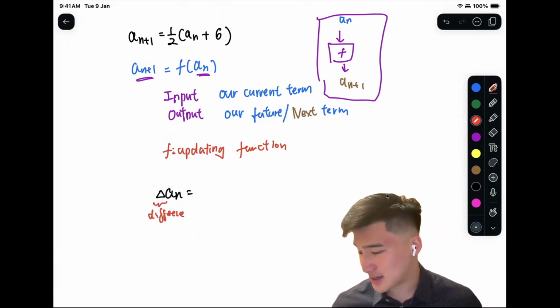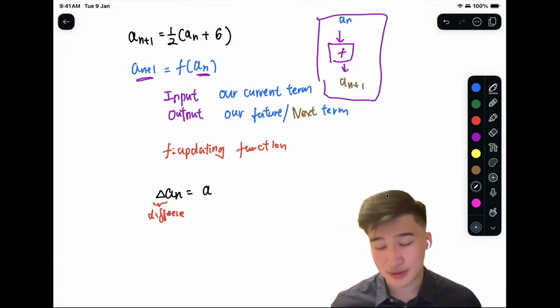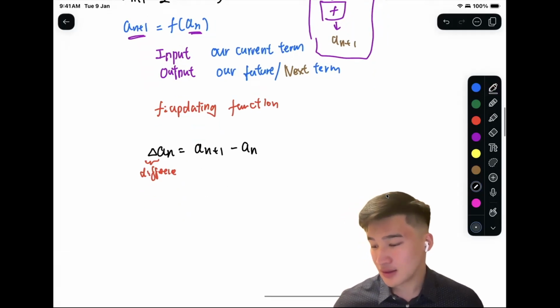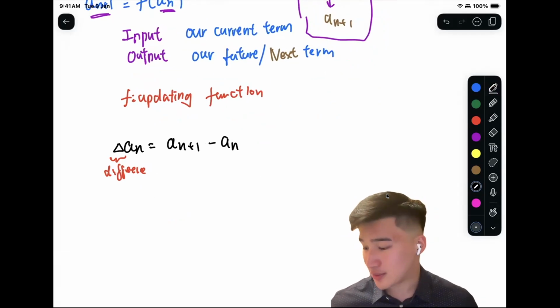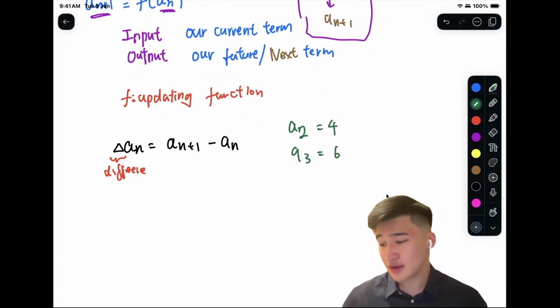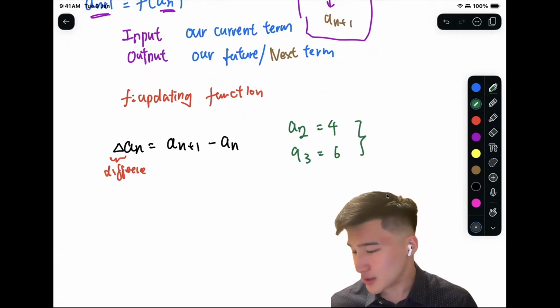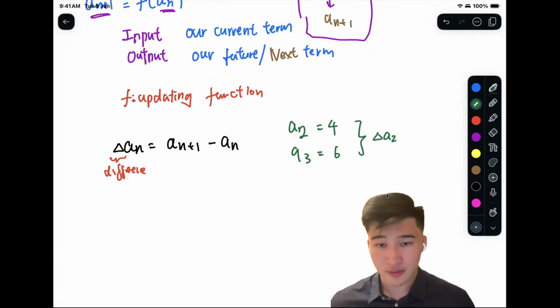Delta a(n) is equal to a(n+1) minus a(n). Now, let me give you a quick example. For example, we have a2 equals 4, and a3 equals 6. So what is the difference between a3 and a2? Well, the difference between a2 and a3 is going to be equal to 2.